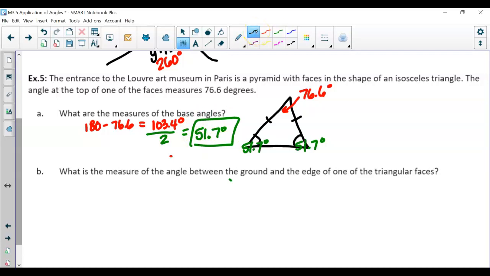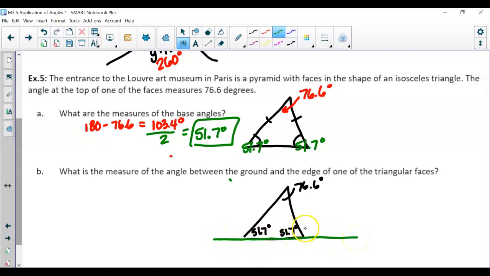Now, what's the measure of the angle between the ground and the edge of one of the triangular faces? So again, I'm going to redraw, but now we know we're at 76.6 degrees, 51.7, and 51.7 degrees. But it's asking for the angle between the ground and the edge of one of the triangular faces. So the ground, which is down here, right?